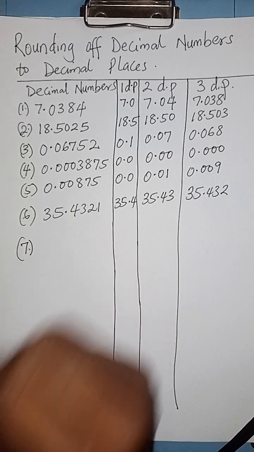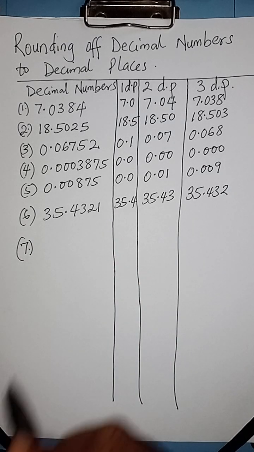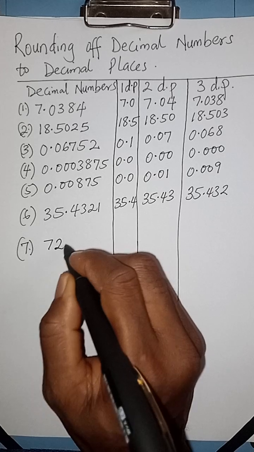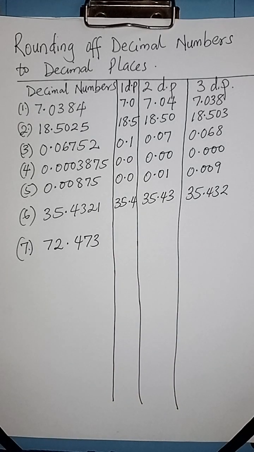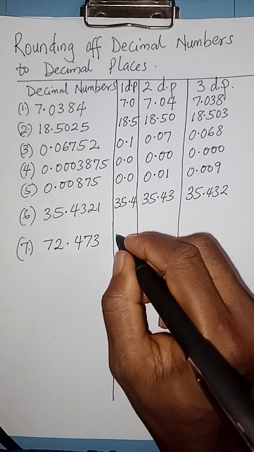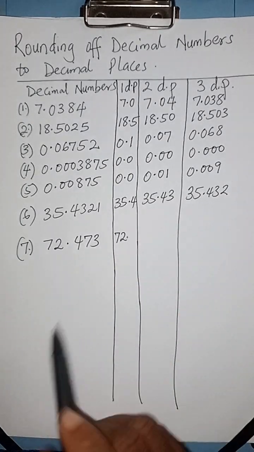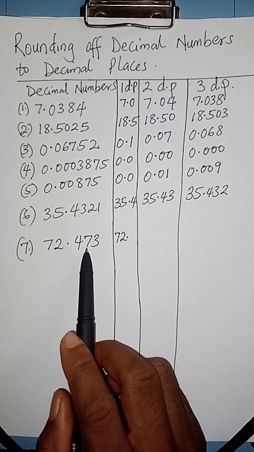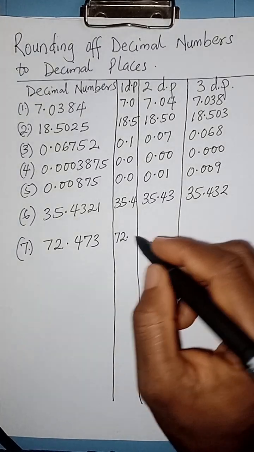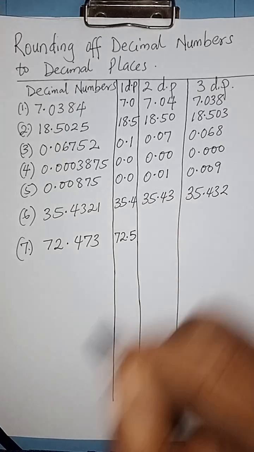Now let's check out number 7. 72.473. Now to one decimal place, it is 72.4. But you check the digit after 4, it's 7, so you're rounding up. And so this becomes 4 plus 1, 5. 72.5.